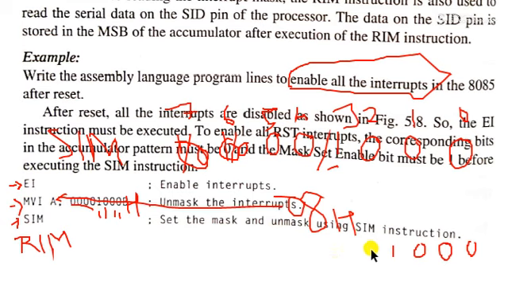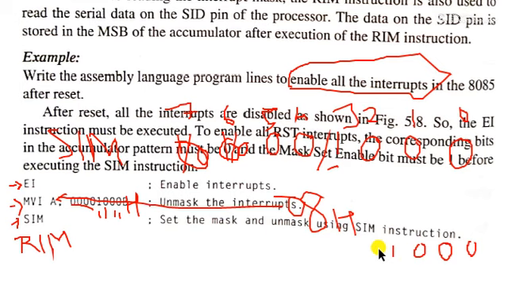Then 3 bits are for the pending status. That means currently the processor is performing one among these three interrupts, and we see which interrupt is in pending state. Take an example that currently the 8085 serves RST 7.5.